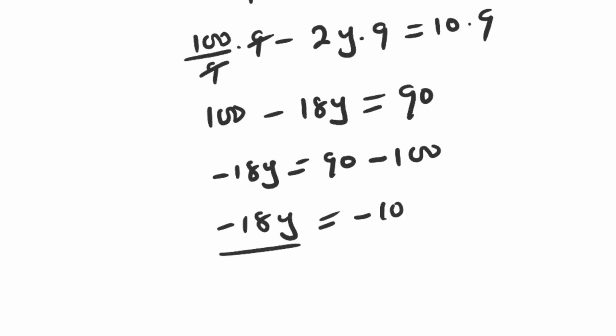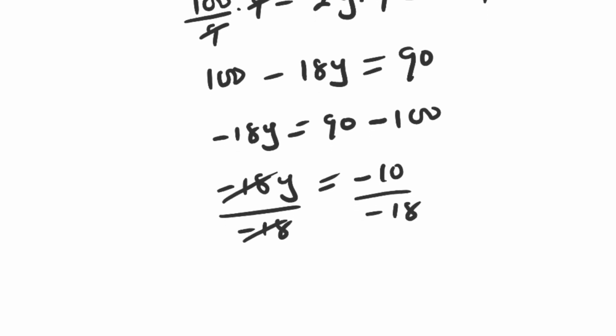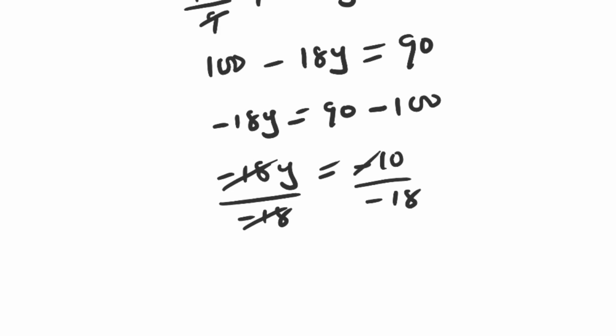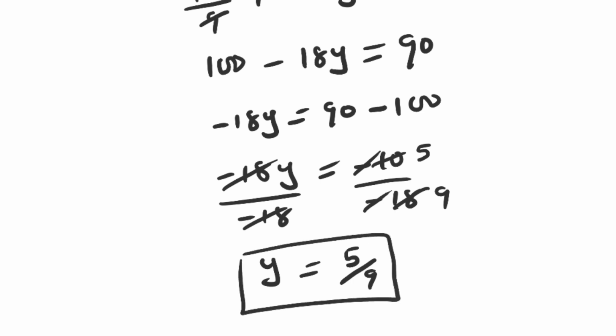Let's divide both sides by minus 18. This cancels this. Then this minus cancels this minus, 2 here 5, 2 here 9. y is equal to 5 over 9. This is the value of y.